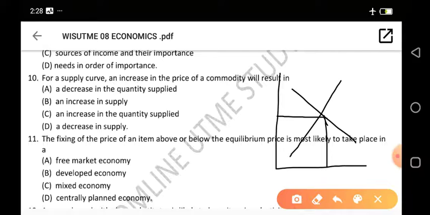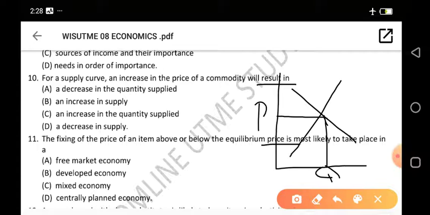If you are fixing your price above or below the equilibrium price, yes, it is possible. It's what we call price control, when government comes in to fix the price of a commodity below or above the equilibrium point.